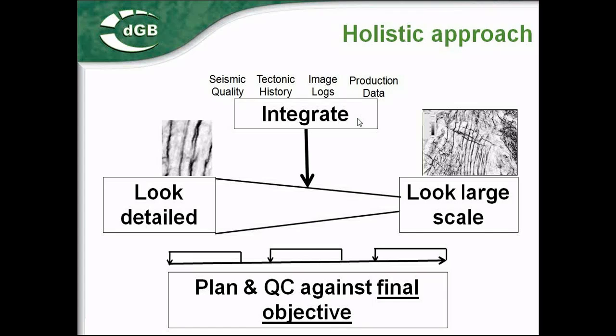Already in the processing stage, think about seismic quality. Is the seismic quality good enough? What kind of typical problems do I have? Migration smileys. Can I do something like an additional migration to get them out of there? In the interpretation, you can increase the value of a map incredibly if you integrate it with information like tectonic history, production data.